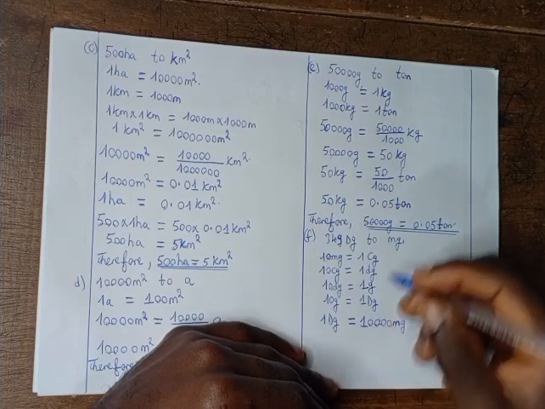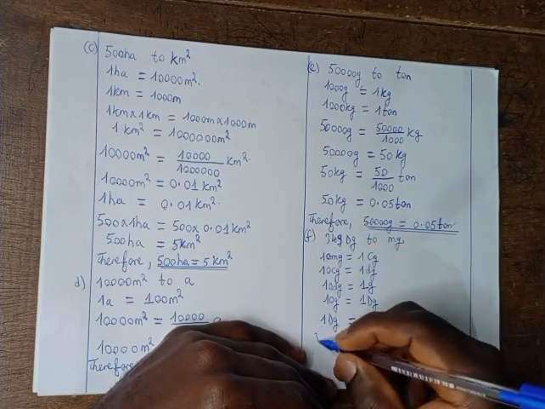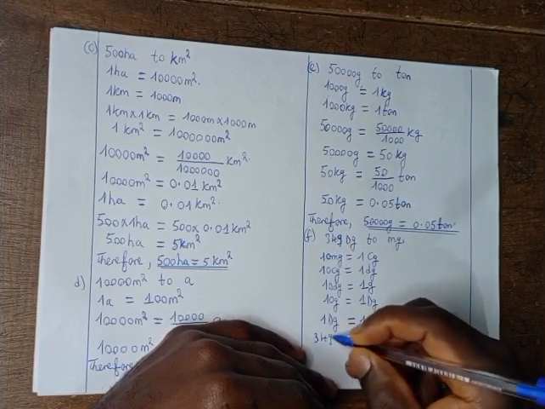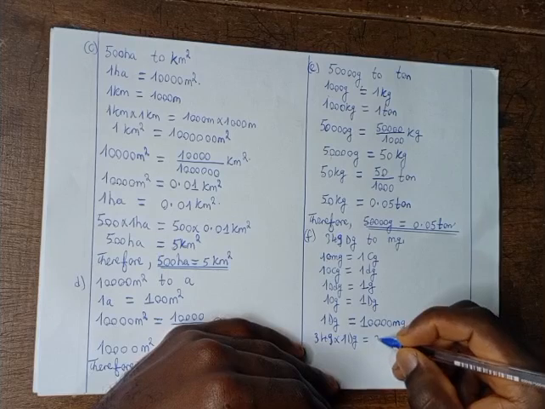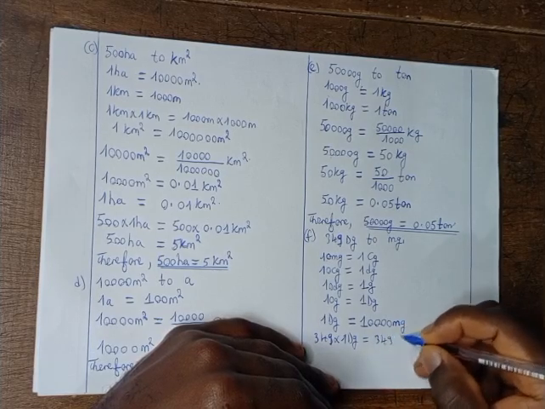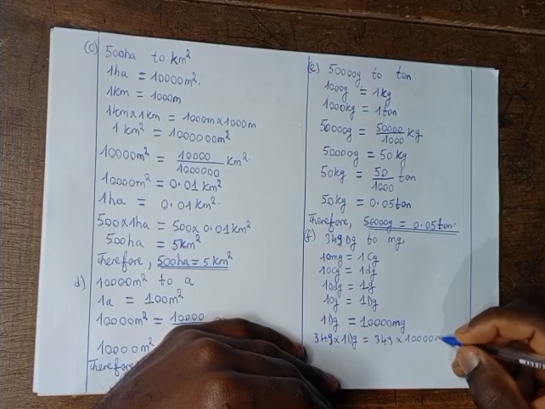Now, for us to convert 349 decagram to milligrams, we are simply going to multiply both sides here by 349. So you take 349 times 1 decagram will simply be equal to 349 times 10,000 milligrams.